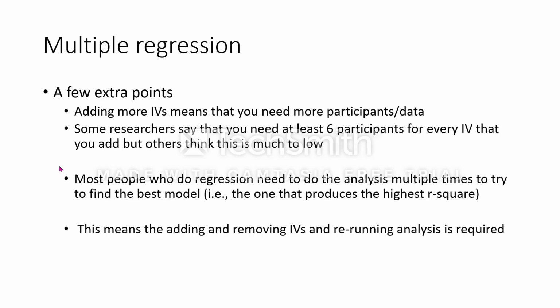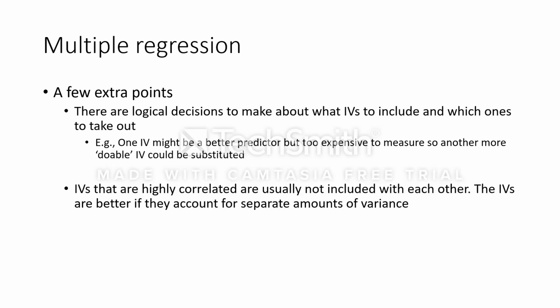So this means that there's a lot of running and rerunning of the analyses as the researchers try and understand the patterns of data that they're looking at. There are also logical decisions that researchers need to make about what IVs to include. What variables can we put in the analysis? What are feasible? And quite often, really practical decisions need to be made.